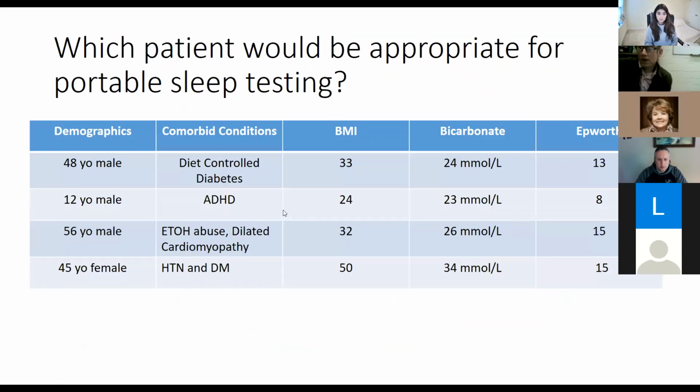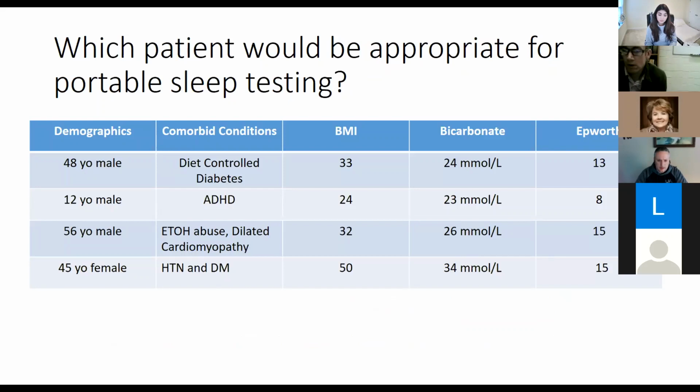So just a question for you guys to sort of consider: which patient would be appropriate for portable sleep testing? So the first guy, 48, has diabetes, is overweight, and is sleepy.